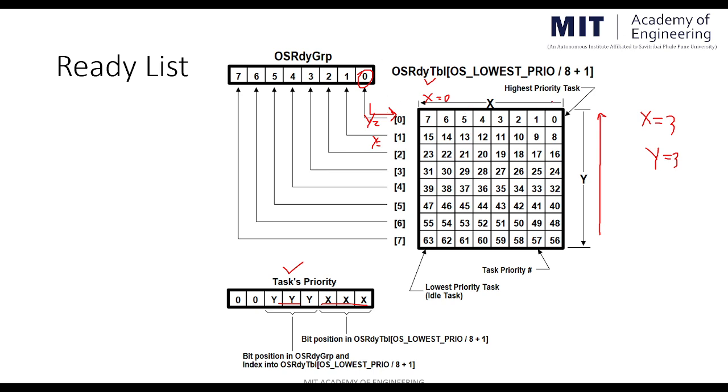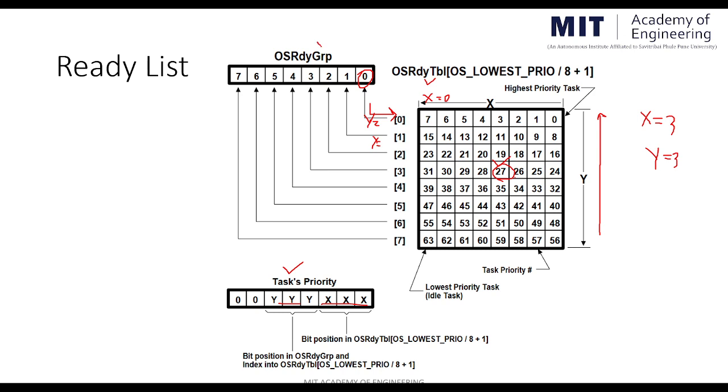X value is 3, meaning 0, 1, 2, 3, and Y is equal to 3. So it will be pointing to the 27th priority of the OS RDY table. So X and Y are the coordinates. Using these X and Y values, the kernel can understand which priority of the application is ready to run.